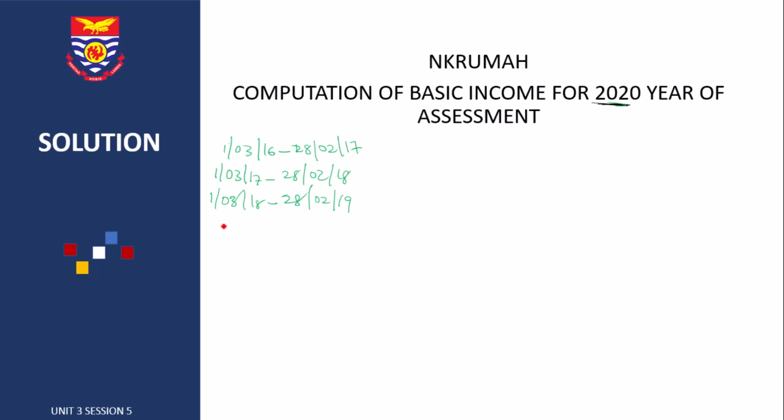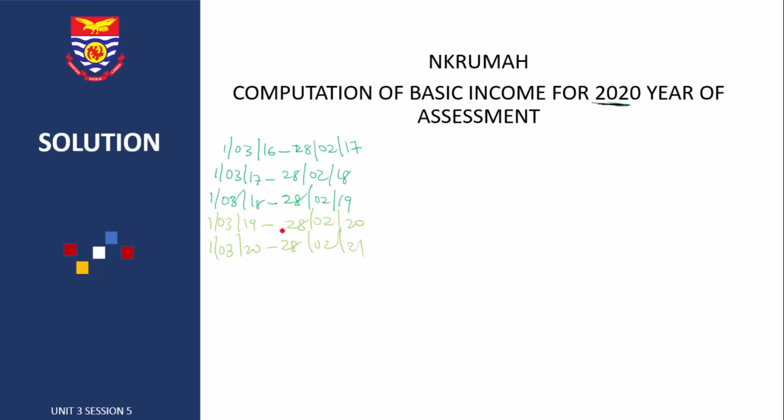So we use 28 days of February instead of the 29 days that comes with the leap year. 1st March 2019 to 28th February 2020. Then we have 1st March 2020 to 28th February 2021.